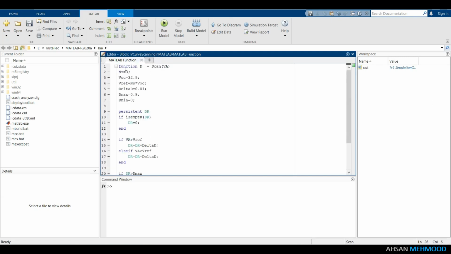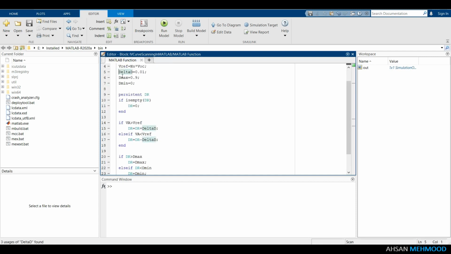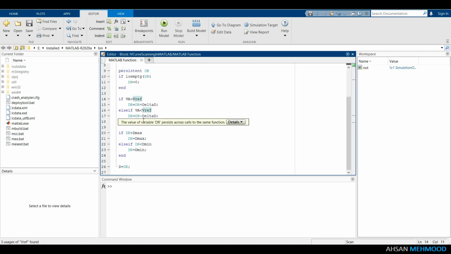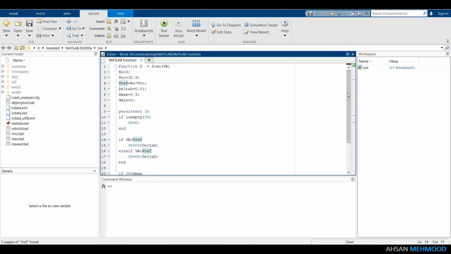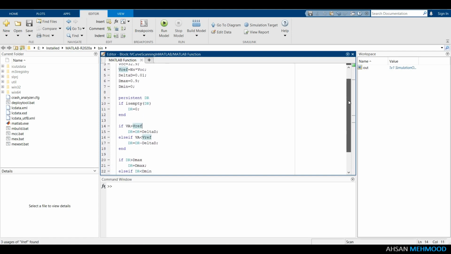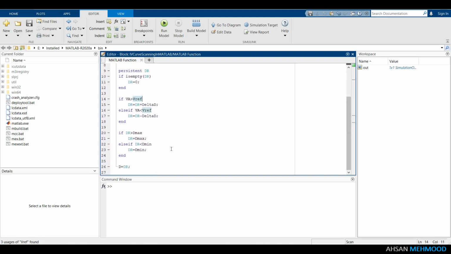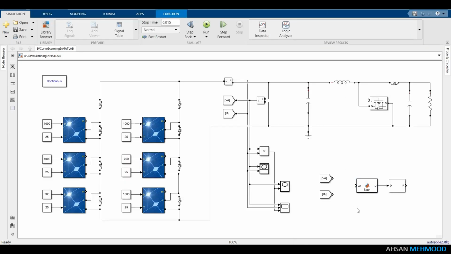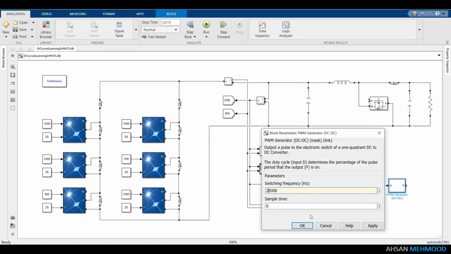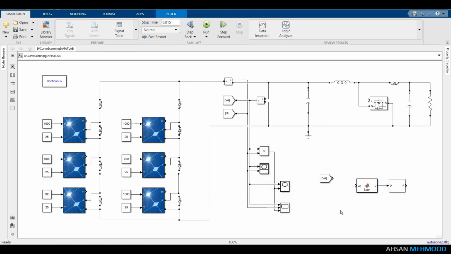This is the basic IV curve scanning code. The reference voltage is set to the PV array's open circuit voltage and the duty ratio is increased or decreased until the array voltage reaches the reference value. Set the PWM generator's switching frequency to 25,000 Hz.